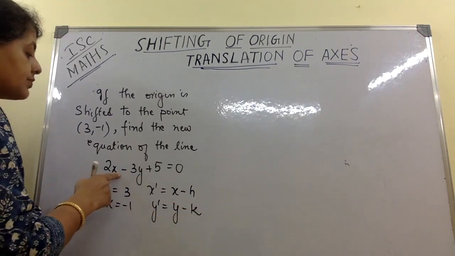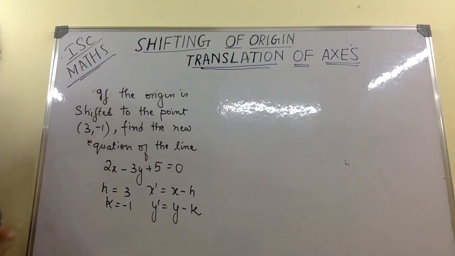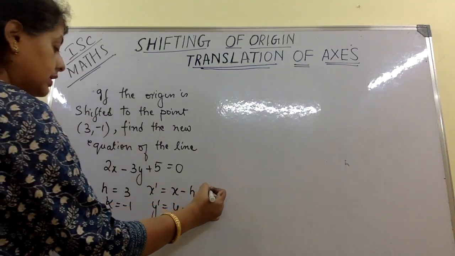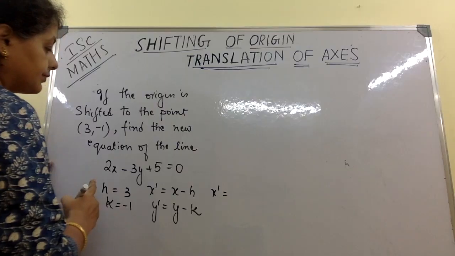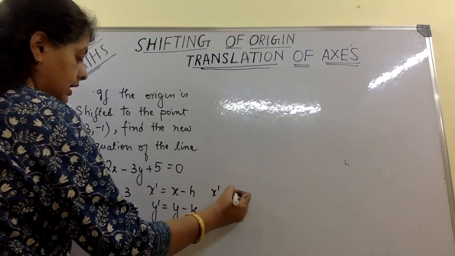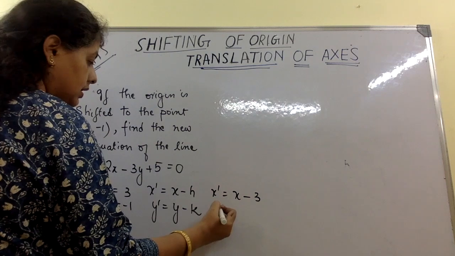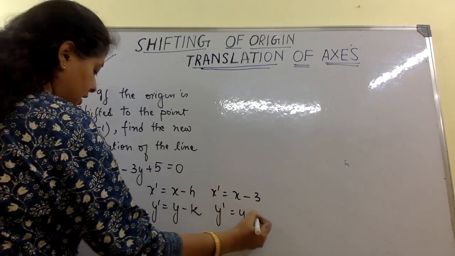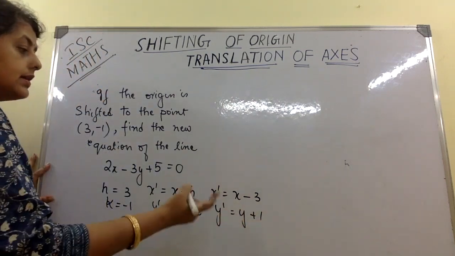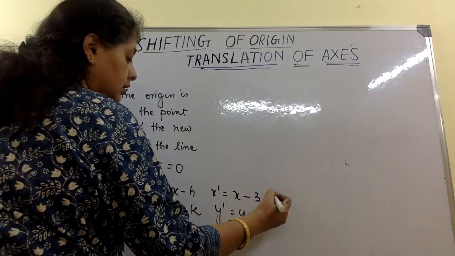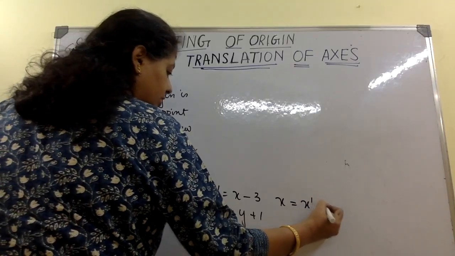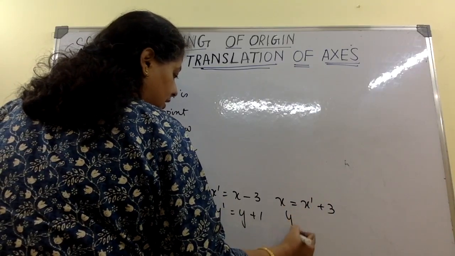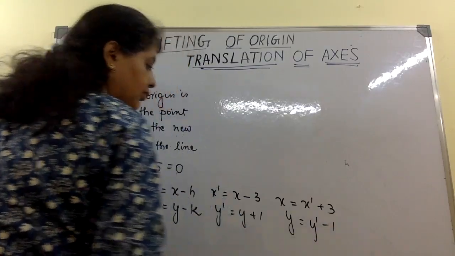So now we will have to substitute y dash and x dash here. So what we will do is, we'll first substitute x dash. X dash is equal to x minus 3 and y dash is equal to y plus 1. Okay, in that case my x is equal to x dash plus 3 and y is equal to y dash minus 1.